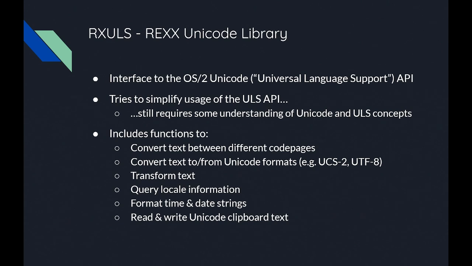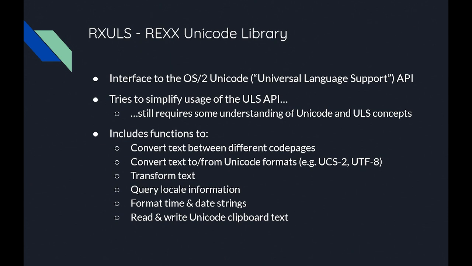The next thing that it can do is a little more esoteric, and that is getting information about a locale. Now, ULS has this concept of locales, which many internationalization APIs have. A locale essentially is a set of definitions tied to a particular region, a geographic or cultural area, with common conventions for that area.